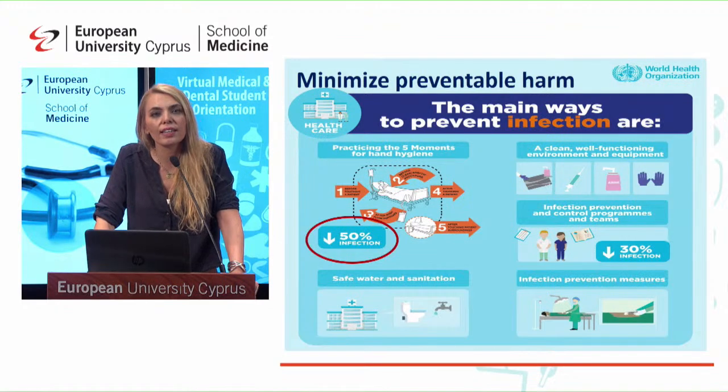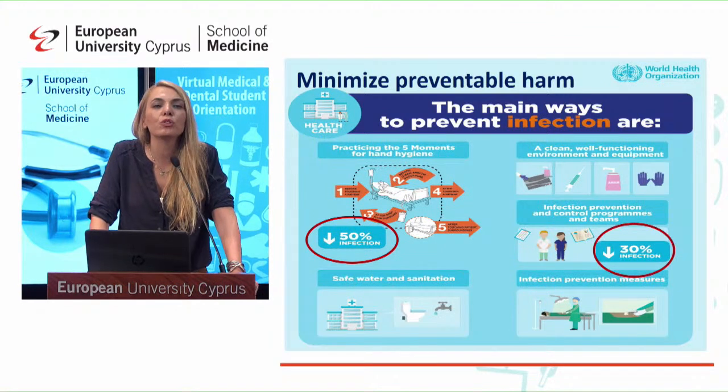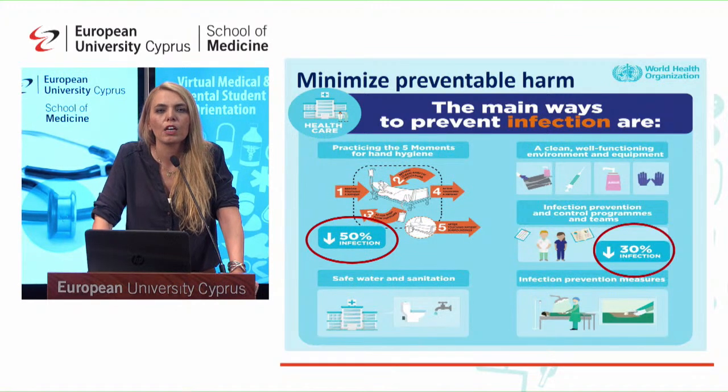And as you can see, if you are compliant with that, we might reach a 50% reduction of outbreaks and infections inside the hospital setting. And of course, we have to be together as a team. We have to know that these prevention measures are important and we have to collaborate. These teams do prevent infections in about 30%.